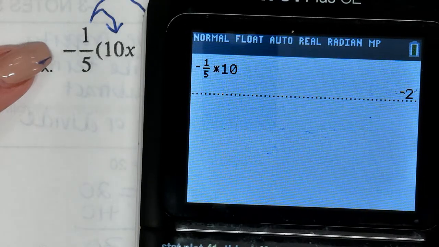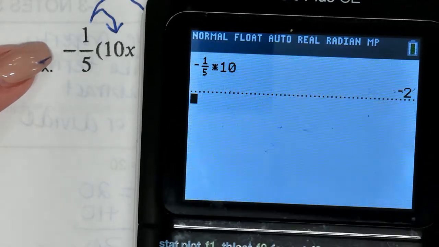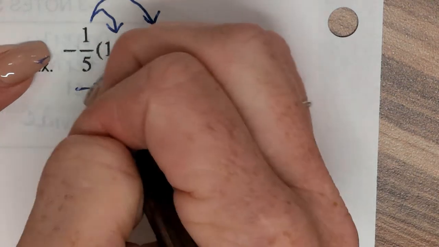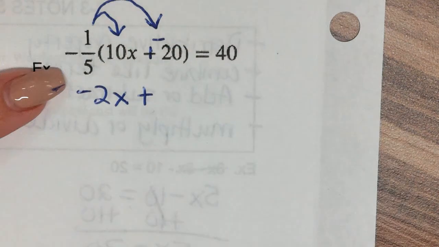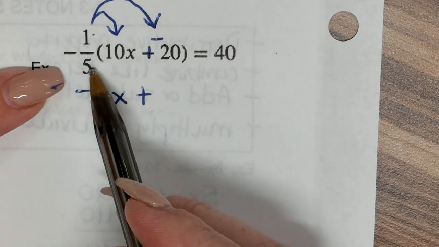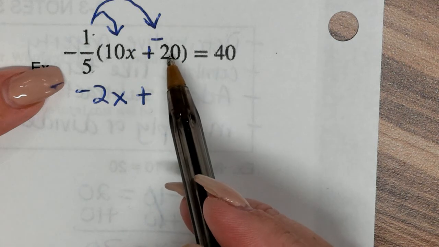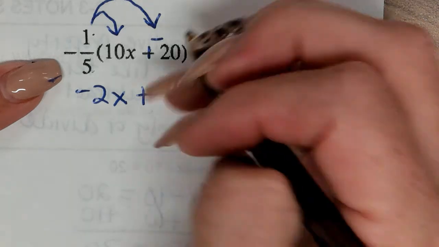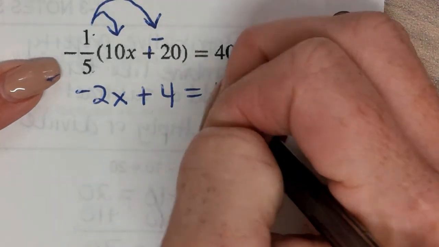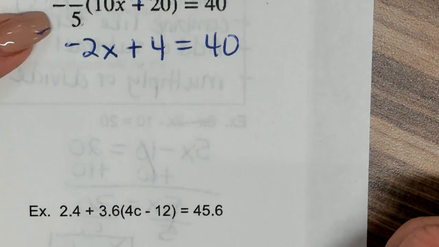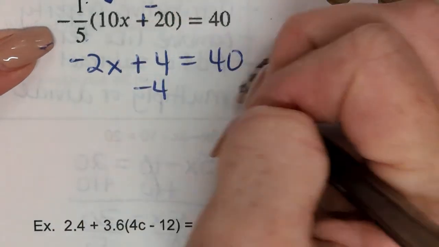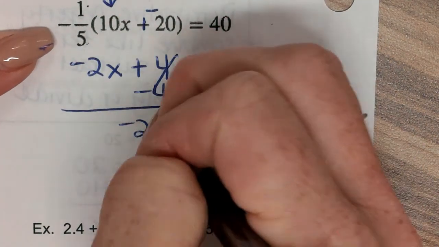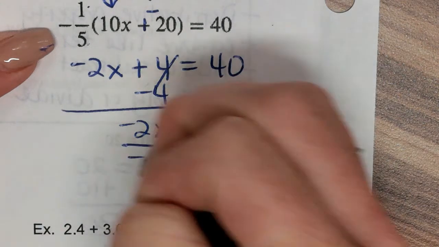So, I mean, if you leave it a fraction, you can still just put it in your calculator. Negative 2x plus negative 1/5 times negative 20 is actually just negative 20 divided by 5, which is what? 4. Positive 4 equals 40. All right, minus 4. Negative 2x equals 36, and then divide by negative 2.